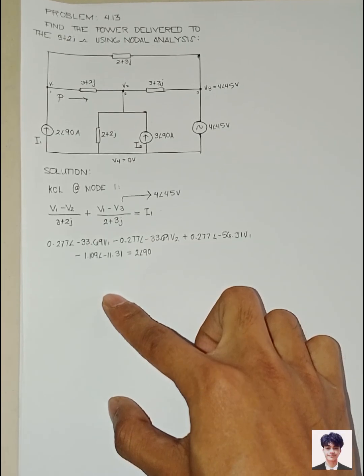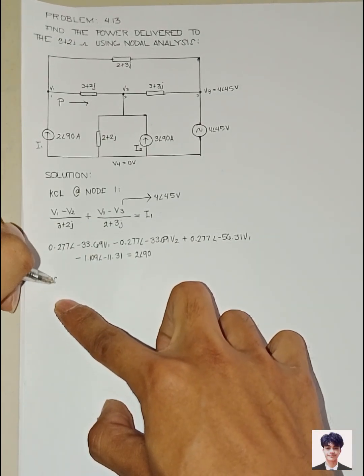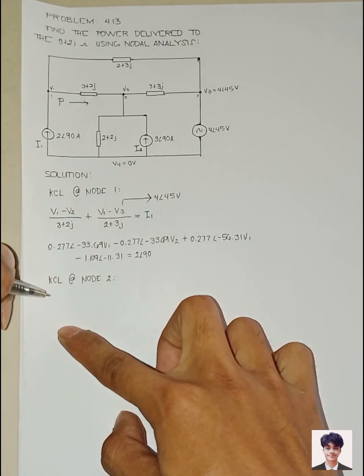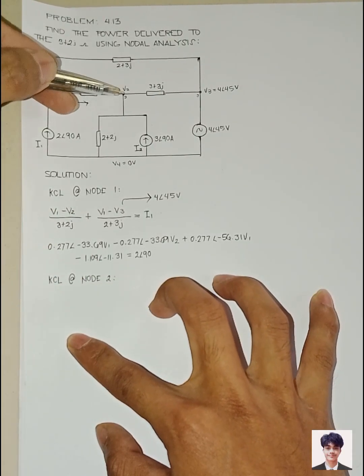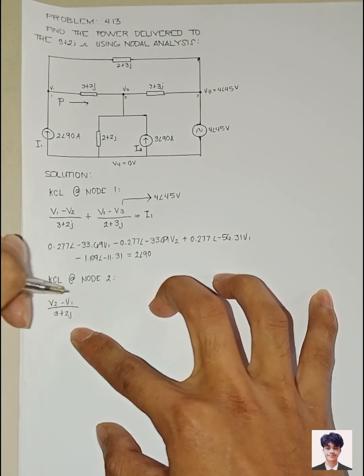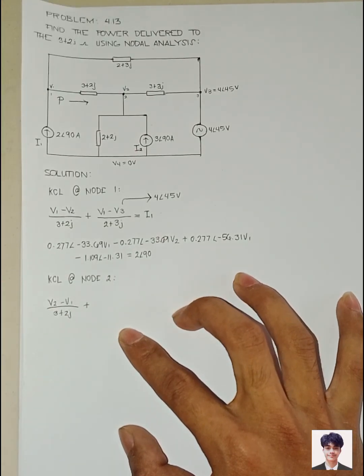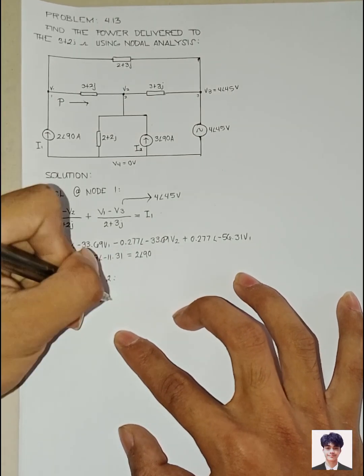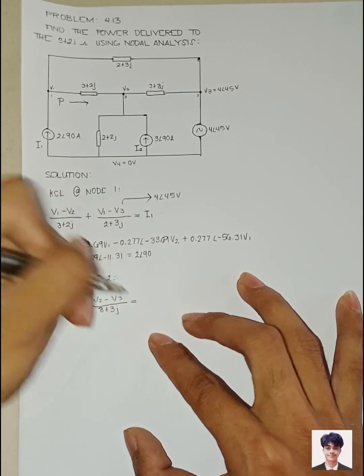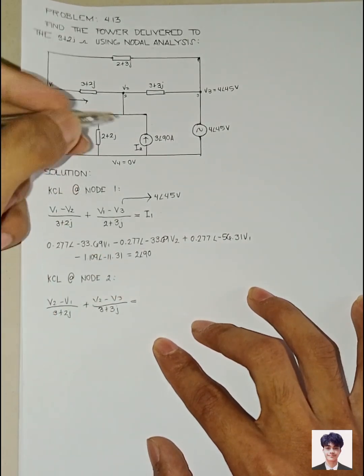Next, at node 2 we are going to find the KCL. So this is V2 minus V1 divided by the impedance, plus V2 minus V3, equals I2.